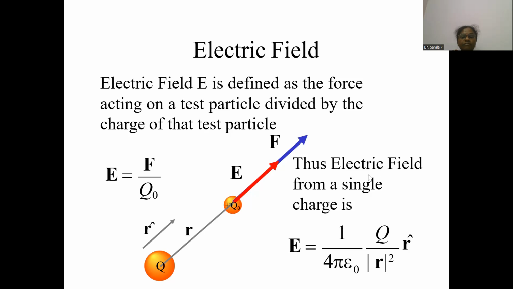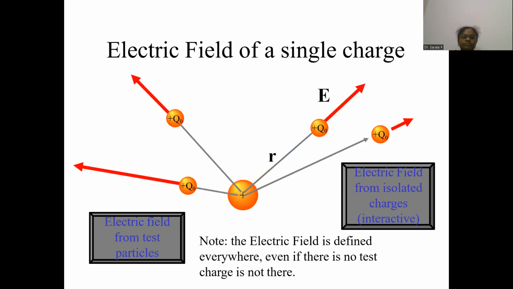So the electric field for a single charge is 1 by 4 pi epsilon naught Q by R square, where R is the vector. The electric field is acting along the direction of the force.